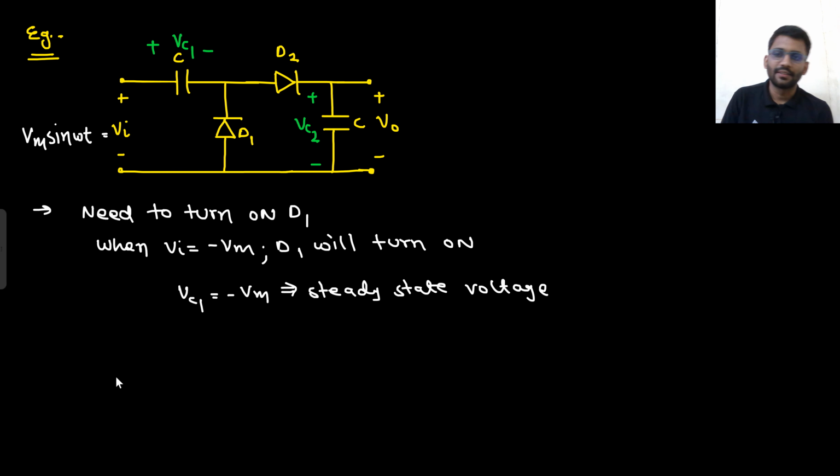Now what is the scene in the circuit? Since the diode turns on, it is charged in this direction, so I will write plus Vm like this.